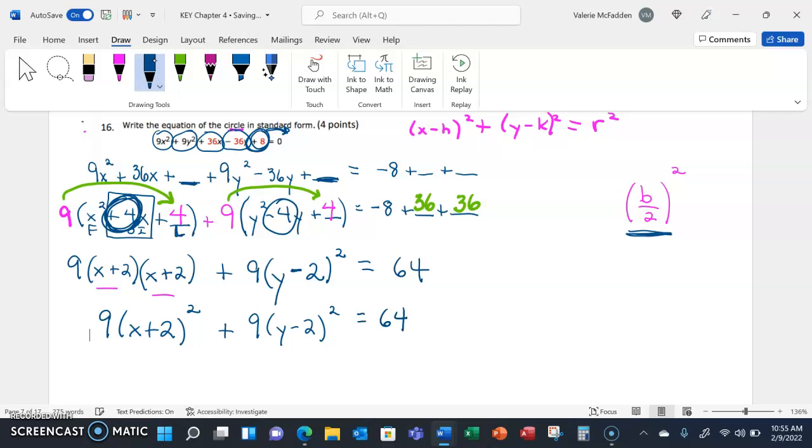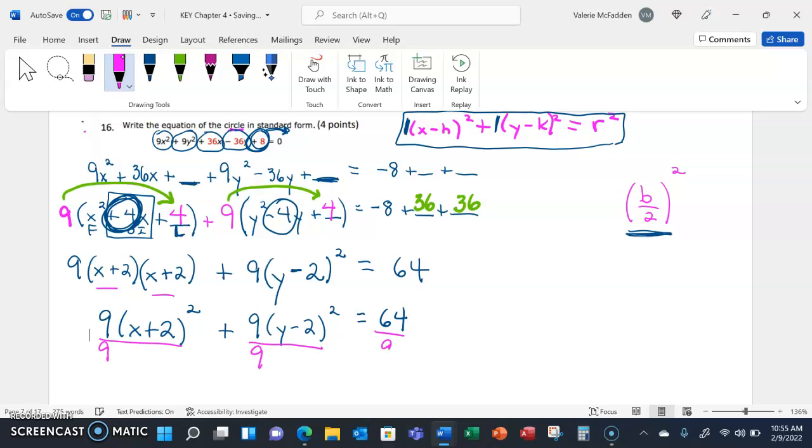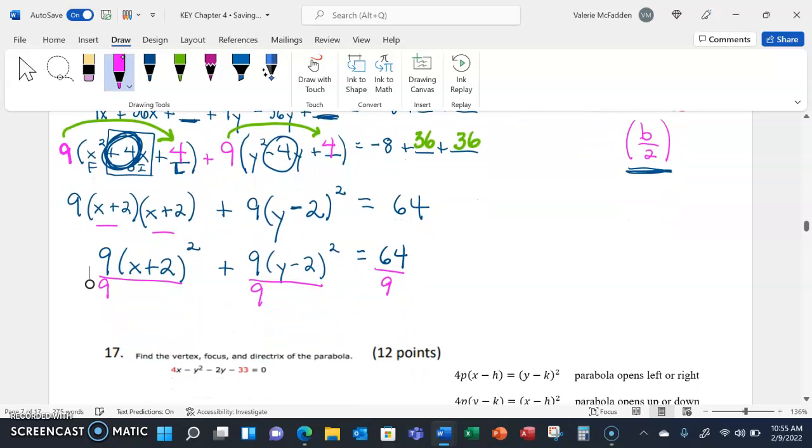We're almost finished. Our goal is to get it into this form. We've almost got it. Notice that this is a 1 in front and this is a 1 in front. However, we have a 9 in front. So we're going to divide every term by 9 so that there can be a 1 out in front.